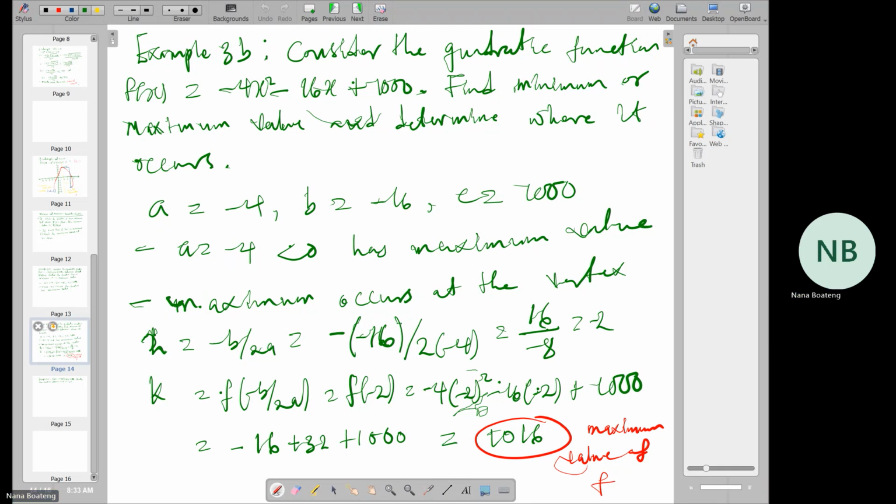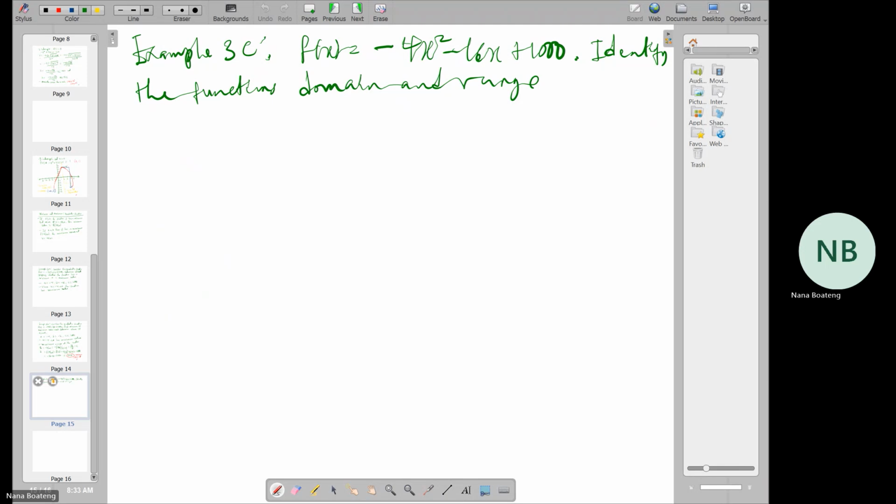All right. So the function's domain, since this is a quadratic function, its domain is from minus infinity to positive infinity.